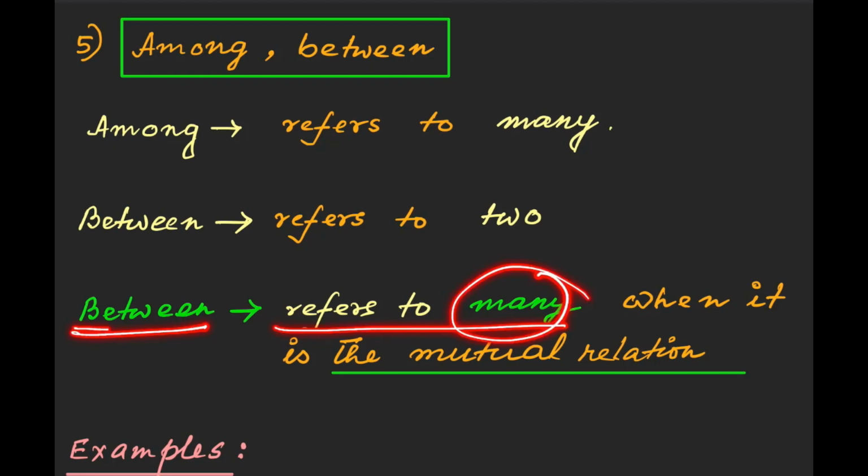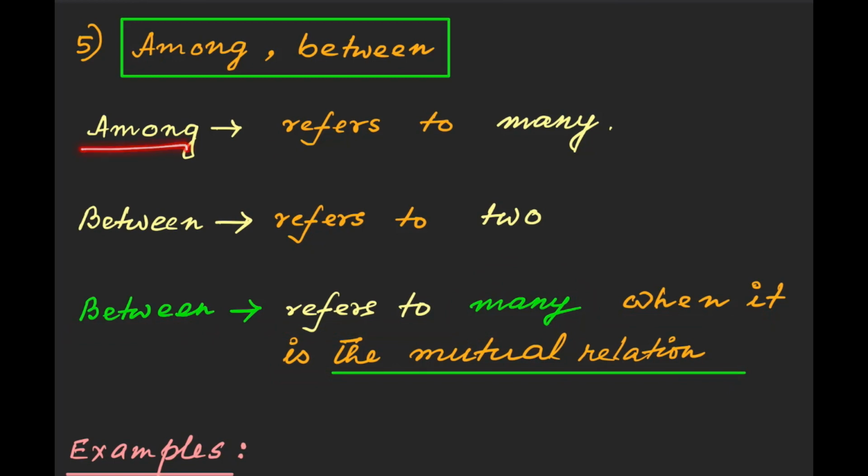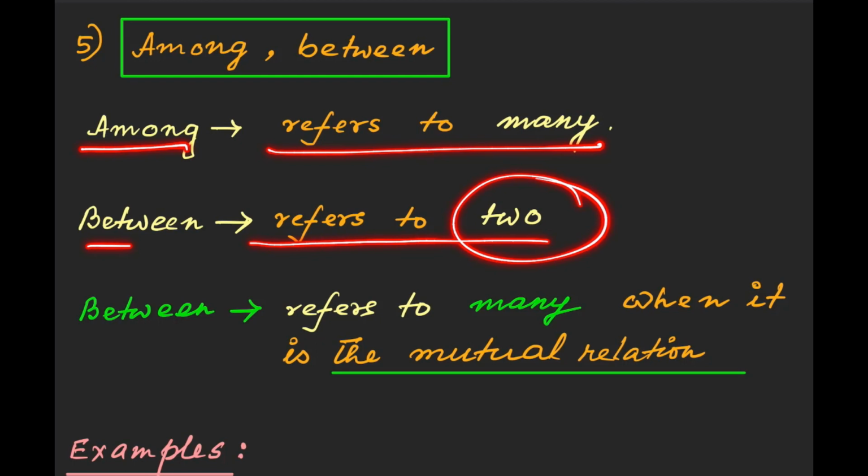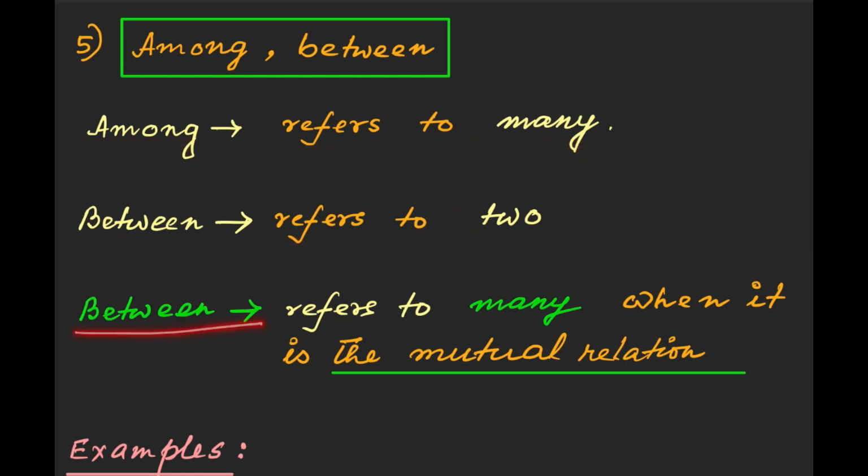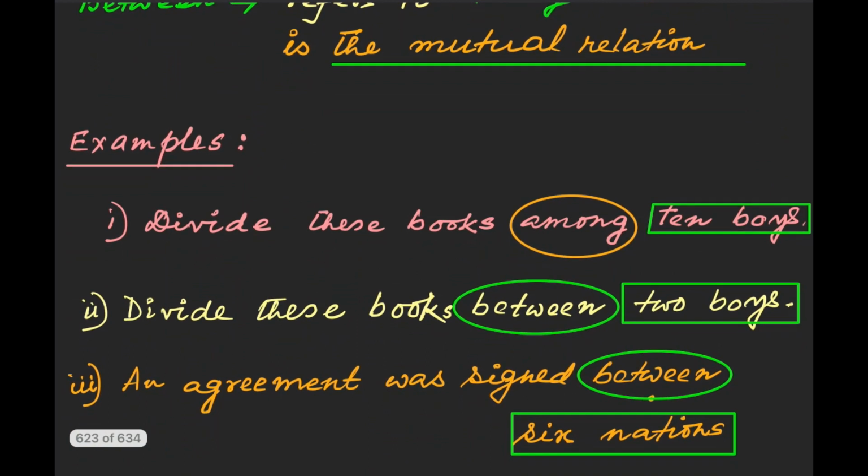That means between is used before many when it is the mutual relation. So among refers to many, between refers to two, and between also refers to many when it is the mutual relation. Now see the examples, then your idea will be clear.